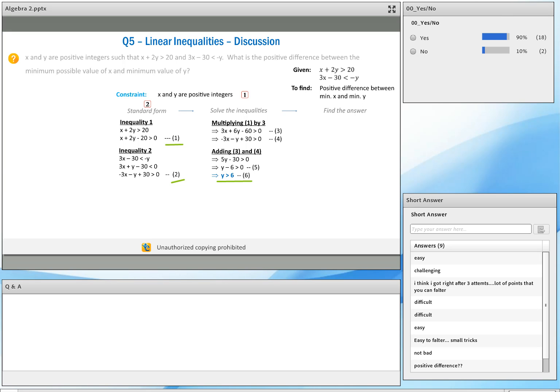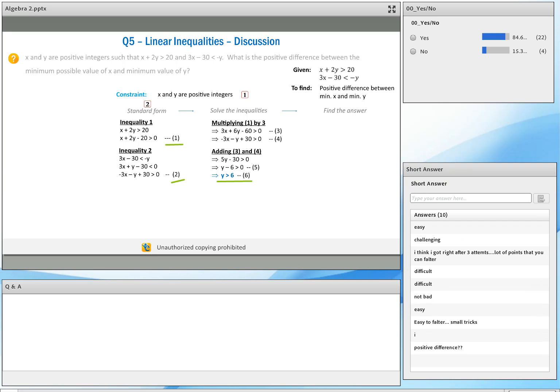Okay, so if you didn't get y is greater than 6, then you made a mistake somewhere while solving these two linear inequalities. So you need to work on where you faltered, where you made a mistake in this solution. So this is a conceptual gap with regards to solving linear inequalities.